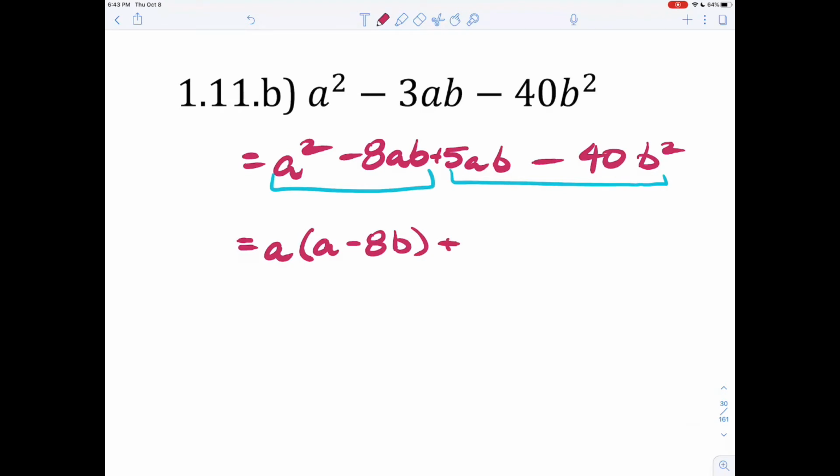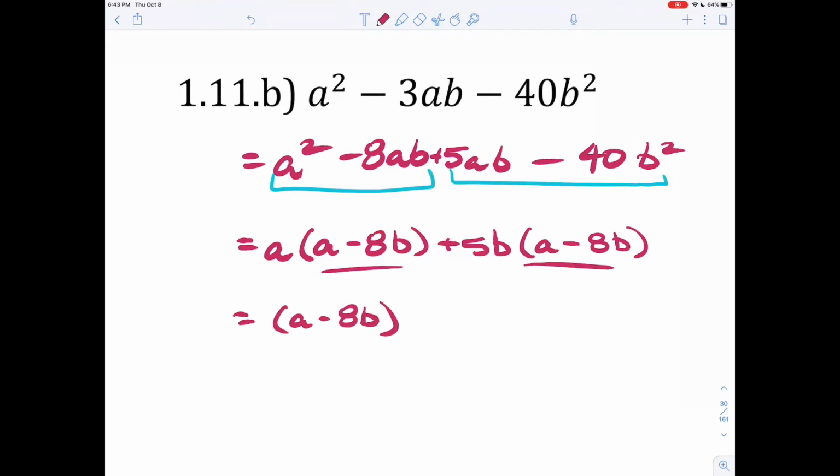And I'll take out a 5b, which leaves us with a minus 8b again. So what's common? Well, we've got that a minus 8b showing up both times like a hero, leaving us with a plus 5b. Life is good. It is pretty good.